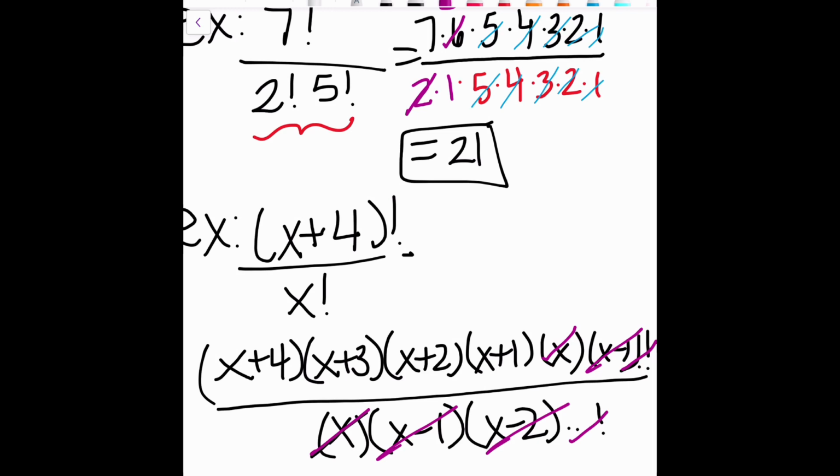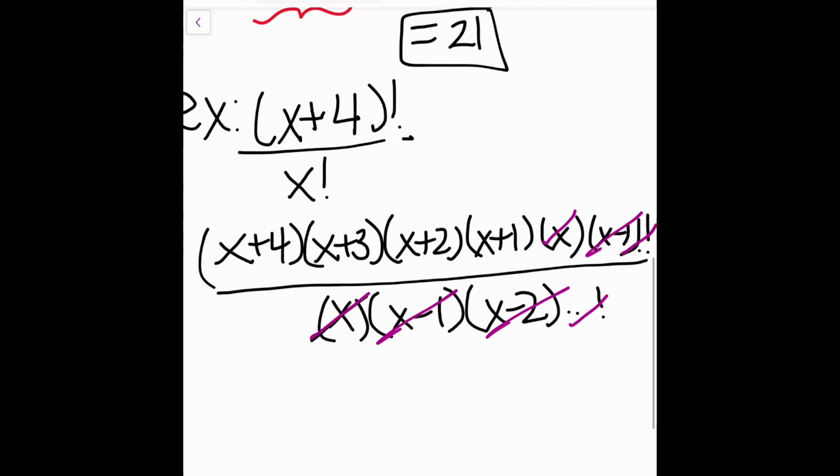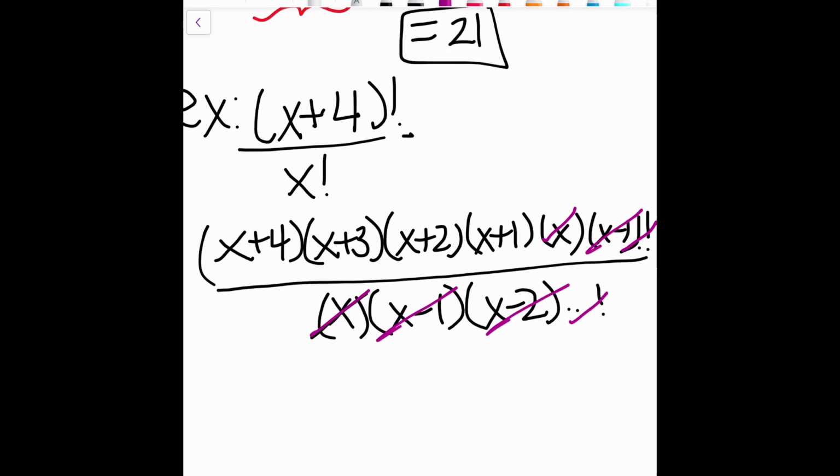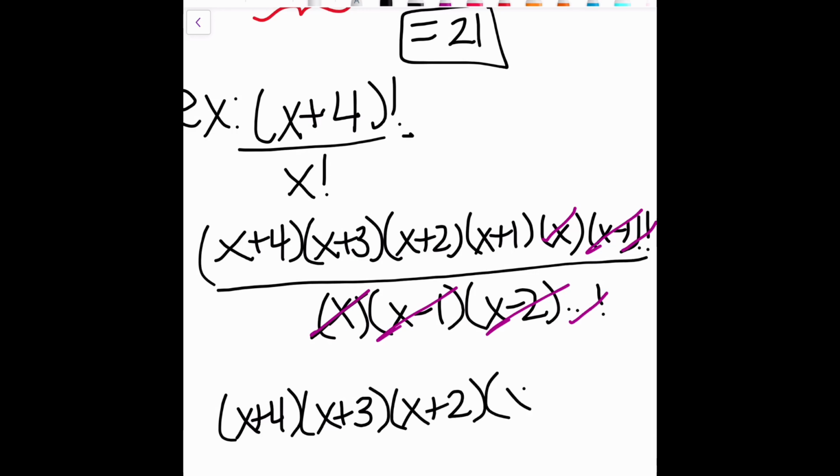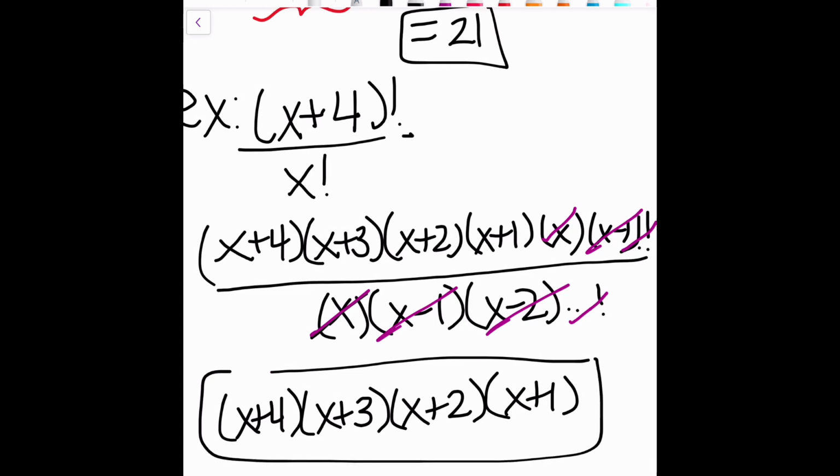So my answer here, I'm not going to have you multiply that whole thing out, would be x plus 4 times x plus 3 times x plus 2 times x plus 1.